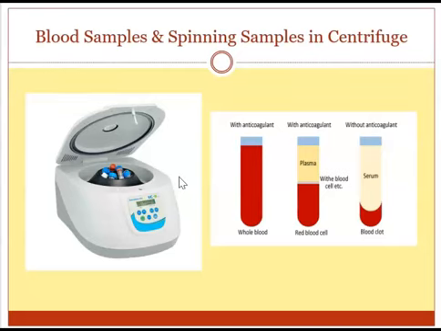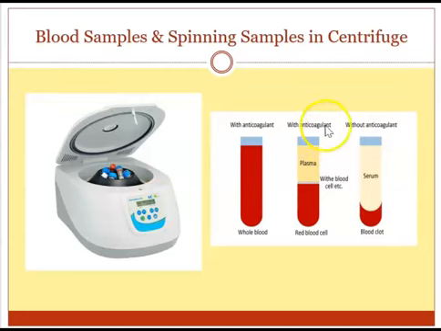And we usually spin blood at about 3,500 RPMs for about 3 to 5 minutes, depending on what your laboratory's protocol is. But you're going to be putting a tube of whole blood in, and what type of tube the blood was collected in and what type of additives were in that tube is dependent on whether you're going to end up with plasma or serum.